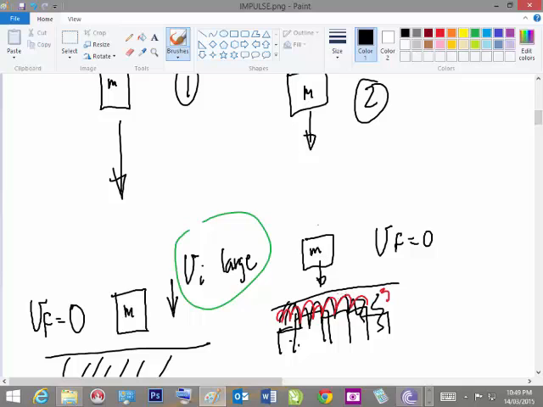The spongy material will slow it down and bring it to a complete stop. In the first case, the time it takes to come to a complete stop, the change in t, is going to be quite small.